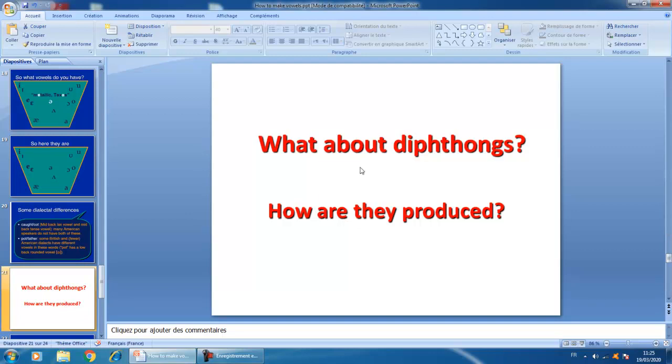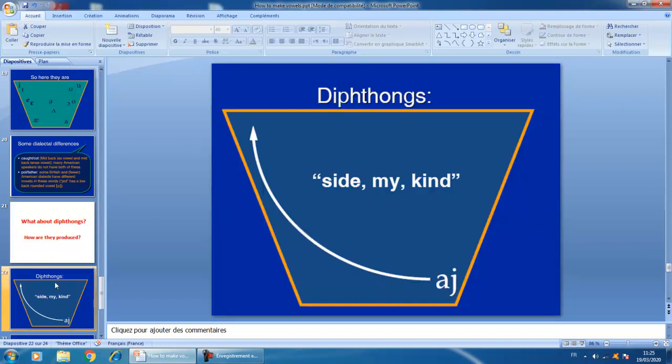Now, what about diphthongs? How are they produced? In fact, in a diphthong, we have got what we call a gliding movement from the position of the first vowel to the position of another vowel. Let's talk about this one here that we articulate as I. Side, my, kind.